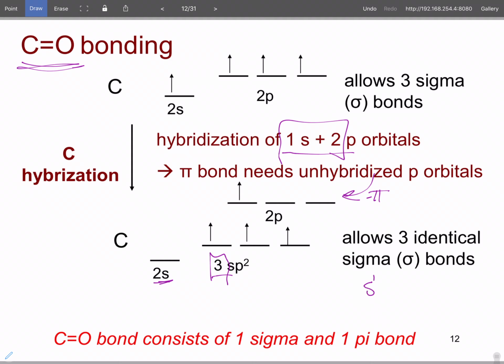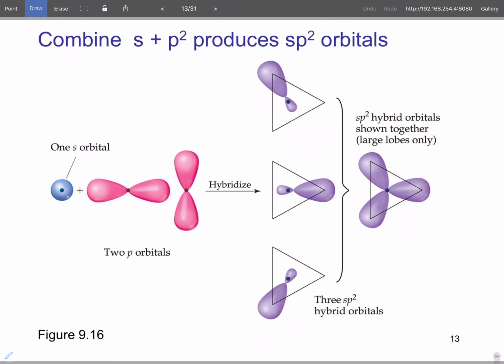Again, count the exponents. If you have 3 identical sigma bonds, then you need 3 sp2 orbitals. And remember, a double bond consists of a sigma and a pi. So again, if you combine them, you'll have a little more S character, so your lobe actually gets a little bit bigger here.